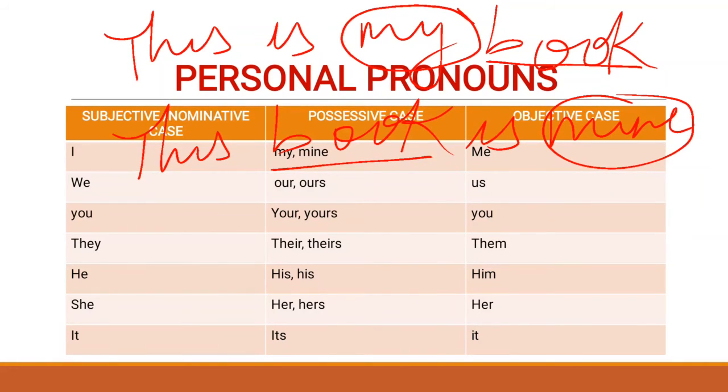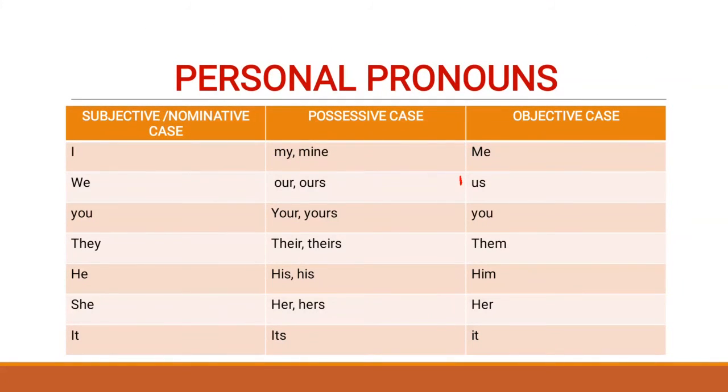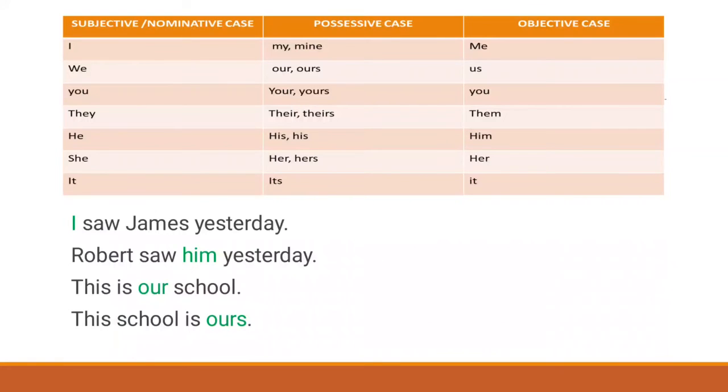So it's easy. Always remember the structure of a sentence. If you are using noun before possessive case, you will be using the pronouns like mine, yours, hers, ours, etc. I hope your doubt about my, mine, our, ours is clear. Let's take few examples to understand these personal pronouns more clearly.